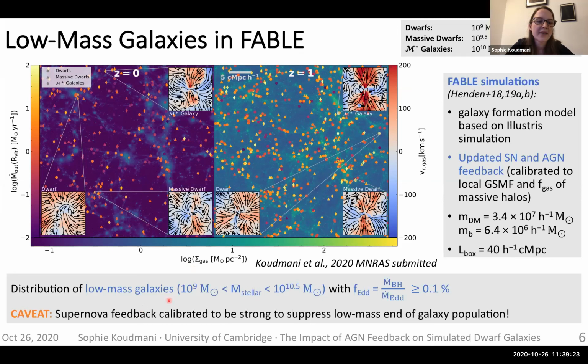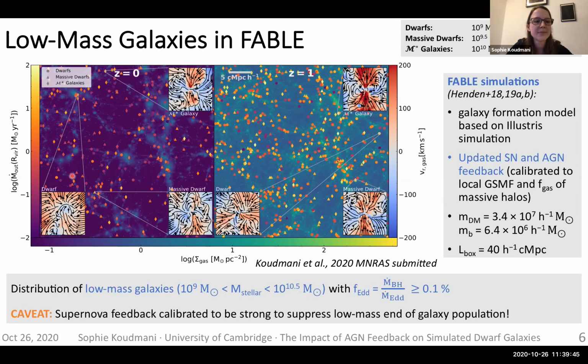And we here define the low mass galaxy sample as galaxies with stellar masses up to the knee of the stellar mass function at 10^10.5. And the marker type shows you the mass bin of these galaxies. So we here consider dwarfs, massive dwarfs, and M-star galaxies. And the marker color shows you the outflow rate at the virial radius.